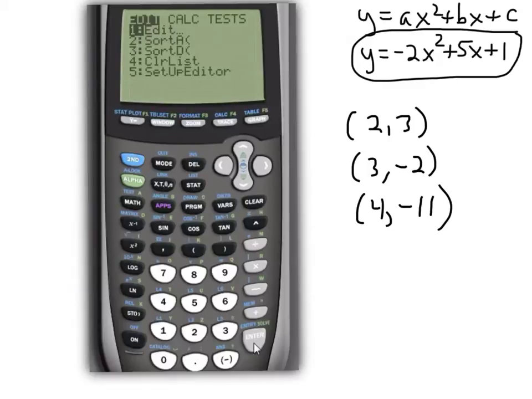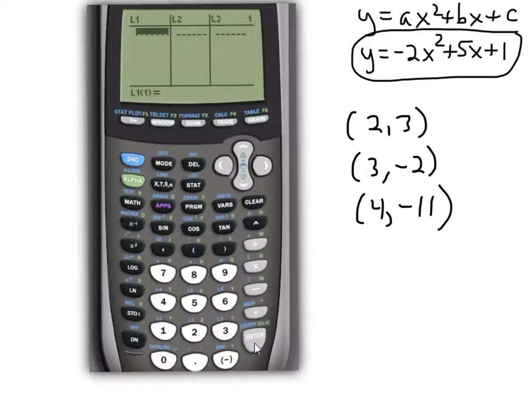If we push stat and then edit, we can put the x's in L1 and the y's in L2. So the x's are 2, 3, and 4. And the y values would be 3, negative 2, and negative 11.